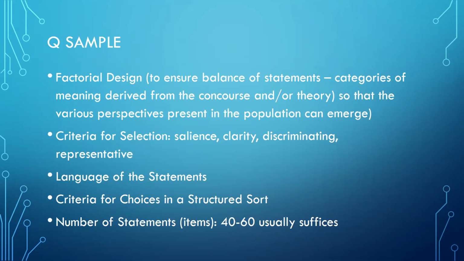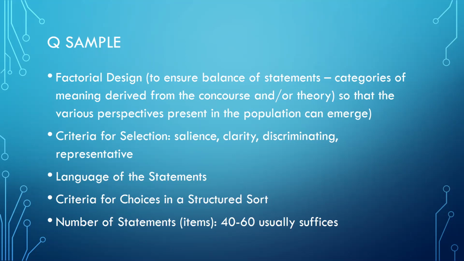For example, if you're looking at a theoretical concourse, say we decided to use the Big Five personality theory. So you have your five different aspects of the Big Five personality test.